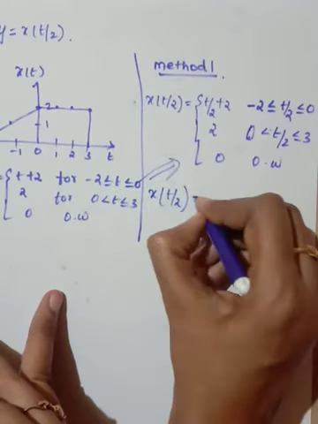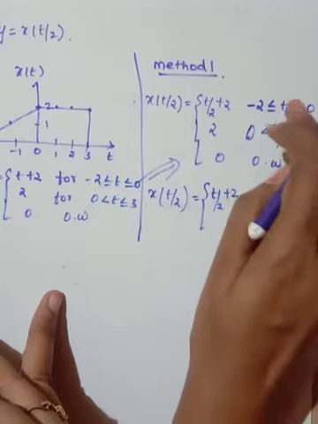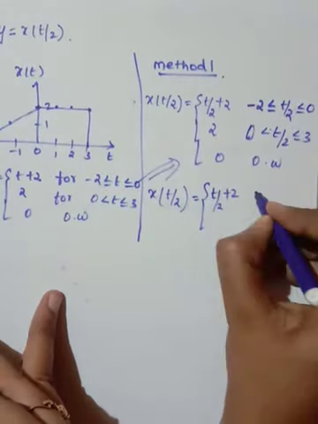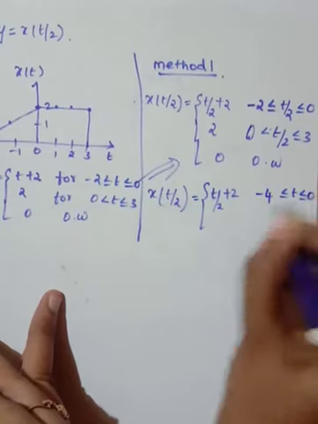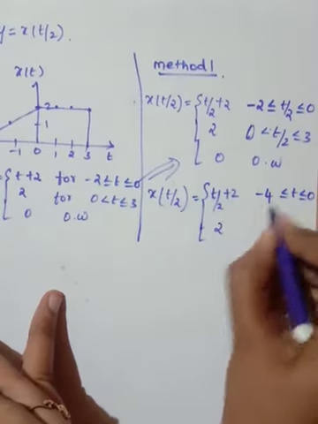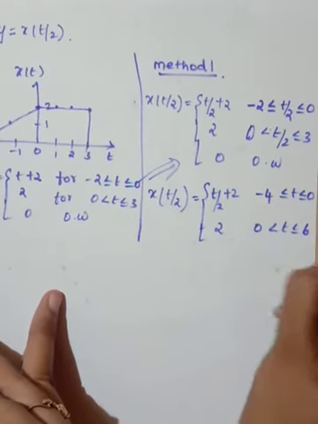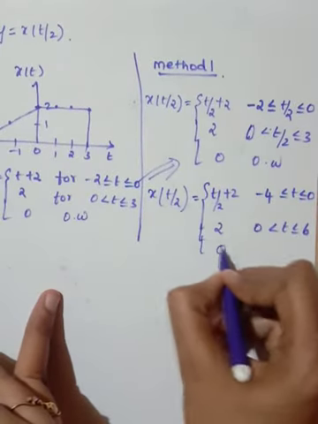I need to have t alone, so I am going to cross multiply by 2. So I will get -4 less than t less than or equal to 0. Then 0 less than t less than or equal to, when you multiply by 2, it becomes 6, and 0 otherwise.